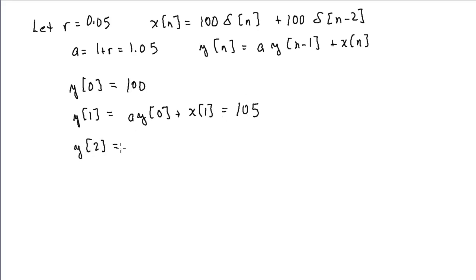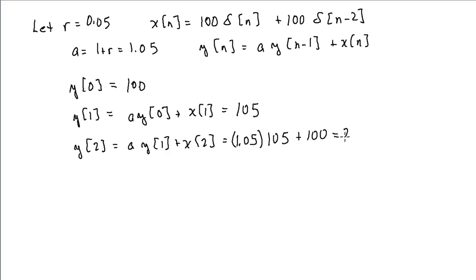Y of 2 is a times y of 1 plus x of 2. So x of 2 is 100, and so I'll have here 1.05, which is a, times y of 1, which is 105, then plus the additional deposit of $100.